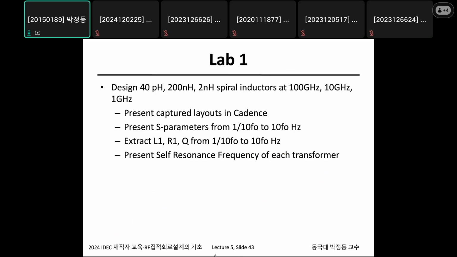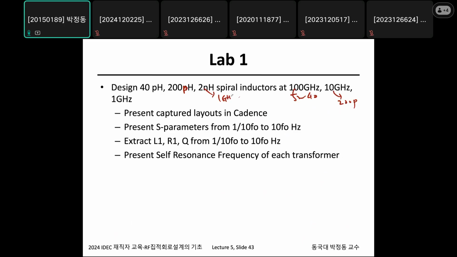Here is lab 1. I already mentioned lab 2. Design 40 pico, 200 pico, and 2 nano spiral inductors at 100 gigahertz for 40, for 200, for 1 gigahertz.